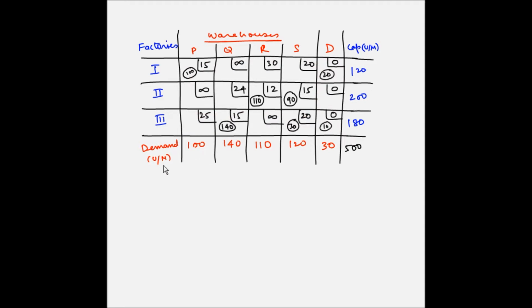So now for this improved solution, let's try to find out the total cost. So this is 100 multiplied by 15 plus 20 multiplied by 0 plus 110 multiplied by 12 plus 90 multiplied by 15 plus 140 multiplied by 15 plus 30 multiplied by 20 plus 10 multiplied by 0.